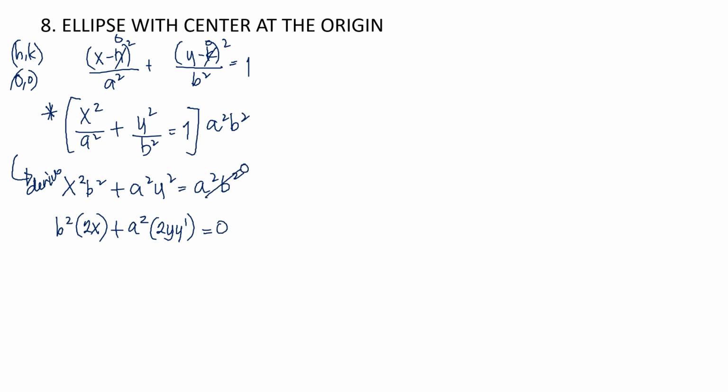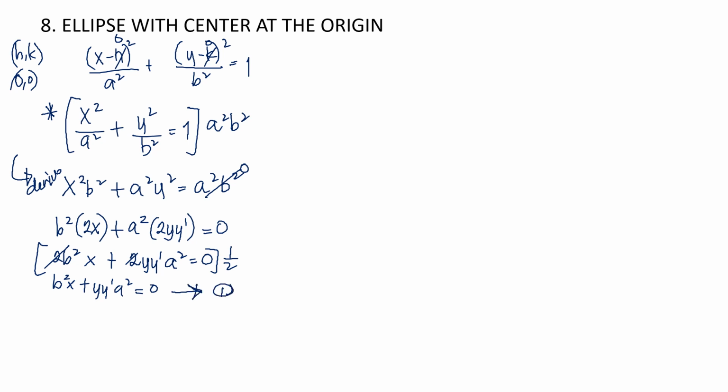So therefore yung ating 2b squared x plus 2y prime a squared is equals to 0. So we can cancel out 2 as we divide both sides by 2. So b squared x plus y prime a squared is equals to 0. So this is now our equation number 1.